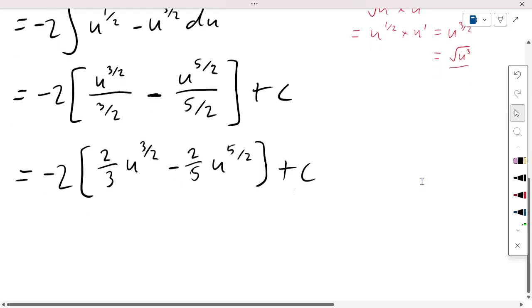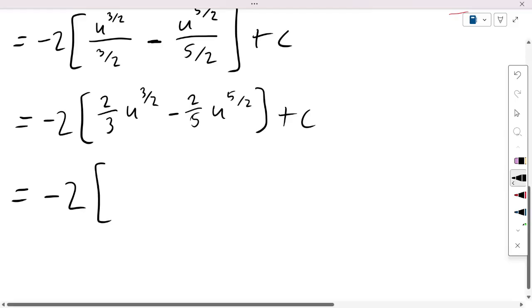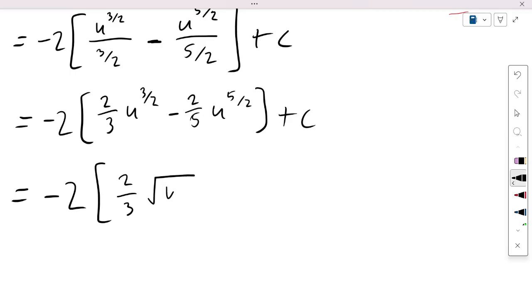And now we can write this as negative 2 bracket 2 over 3 multiplied by root u to the power of 3, minus 2 over 5 multiplied by root u to the power of 5, plus c.